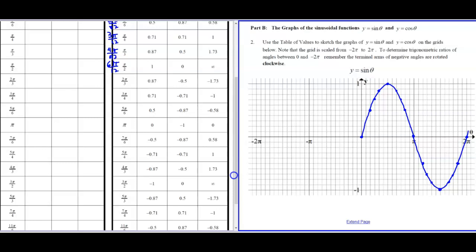So 2 this way, and 1, 2, 3, 4, 5 down. 3 grid markings was 0.71. So 3 grid markings will be 0.71. 4 grid markings will be 0.87. 6 grid markings will be -1. Okay, so use your symmetry.